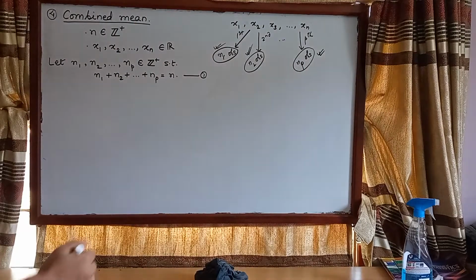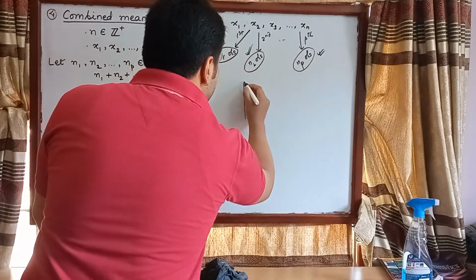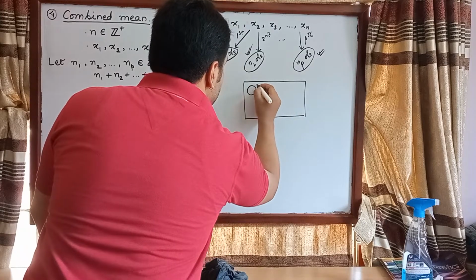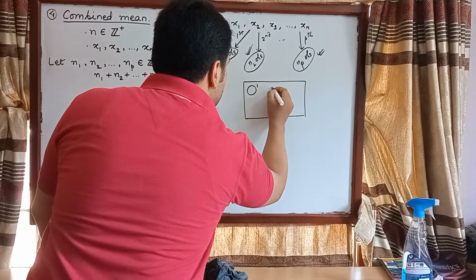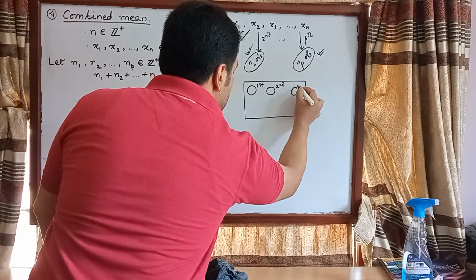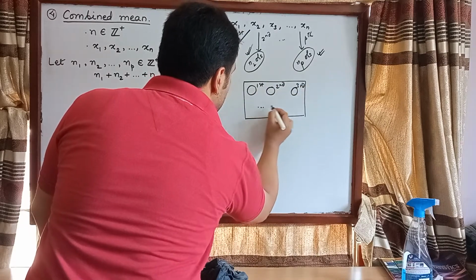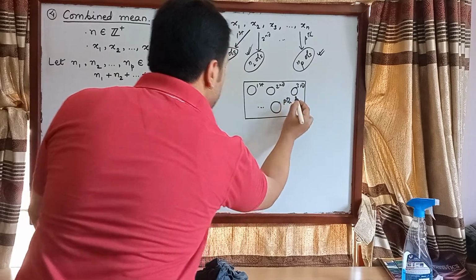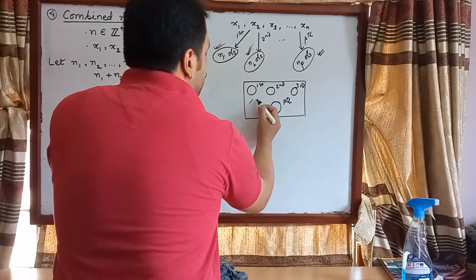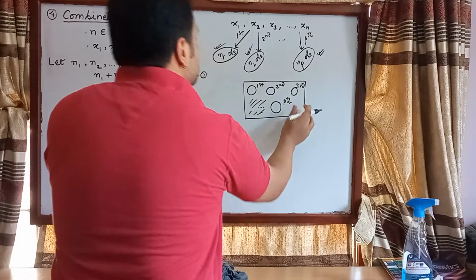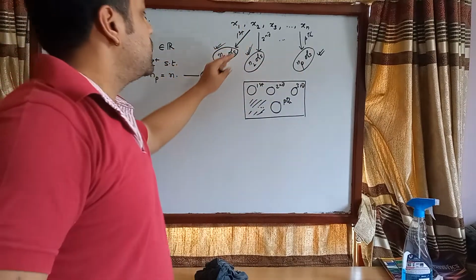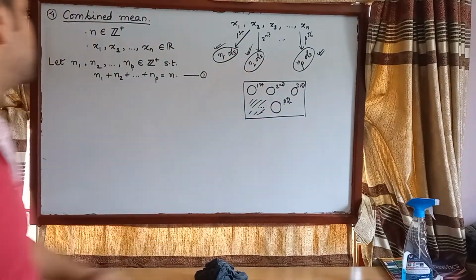Basically this is the first, this is the second, this is the third, this is the pth group, like a Venn diagram, and none of the elements overlap. This is the given condition, and we can group the values like this.